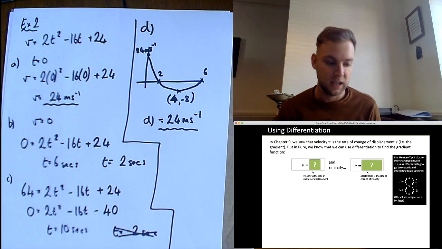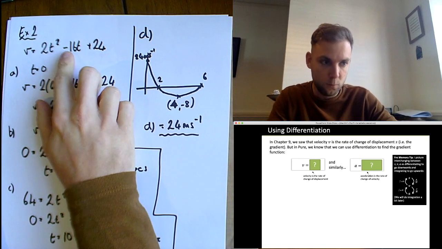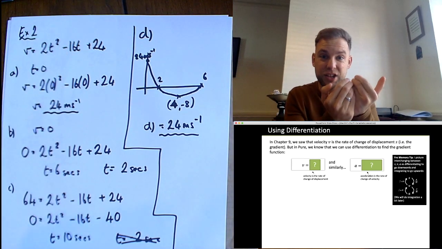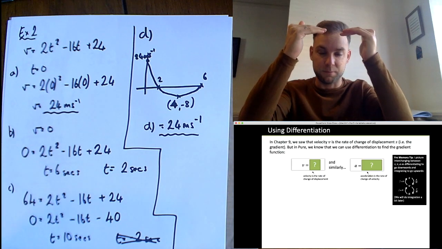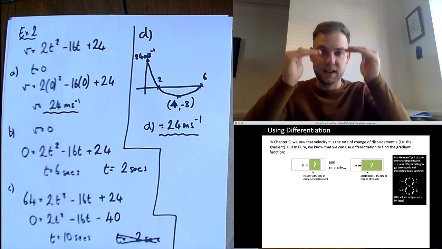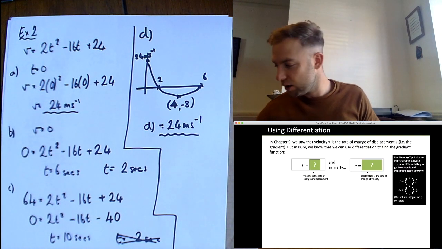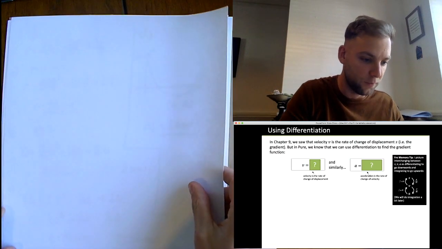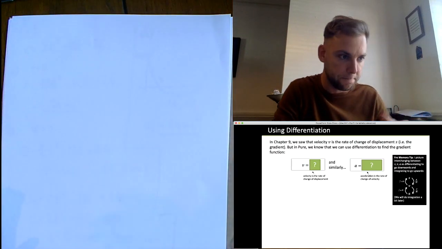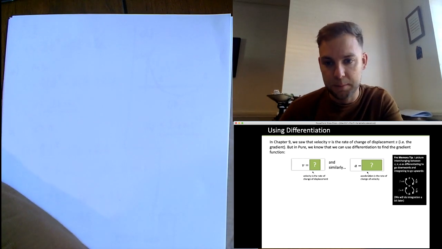But if we know what the velocity is, we also know that acceleration is the change in velocity over time, and that velocity is the change in displacement over time. So let's have a little look at this, because this is the big part of this lesson. We know how to sub values in, but looking at this one here, I'm going to make this big so you can see it.